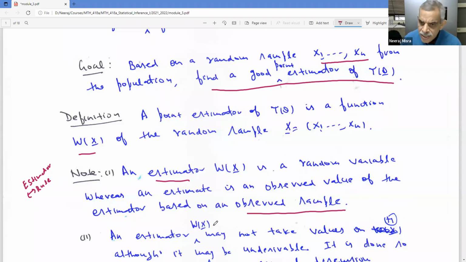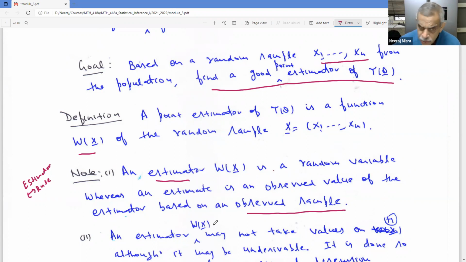So it tells you a rule to determine an estimator. So it is important that the estimator is determined well in advance, before the data has been taken, by appropriately choosing what estimator one should use.